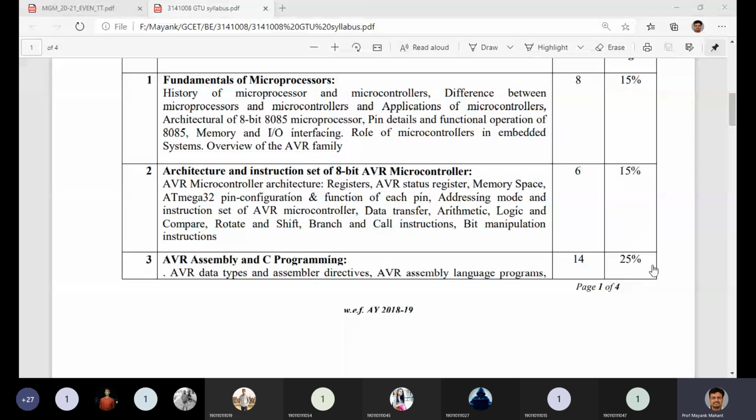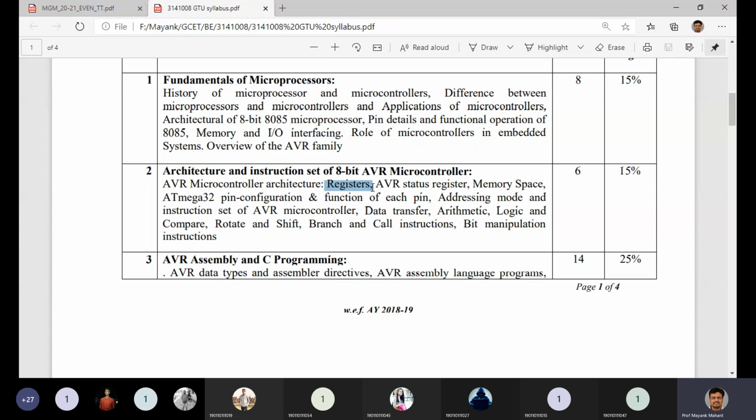Whenever we talk about processing of data, we require temporary storage of the data. So we will be talking about registers. These registers are available in your microprocessor or microcontroller, in the CPU. There are places where you can temporarily store that data, because whenever we want to process data, it must be stored somewhere temporarily.